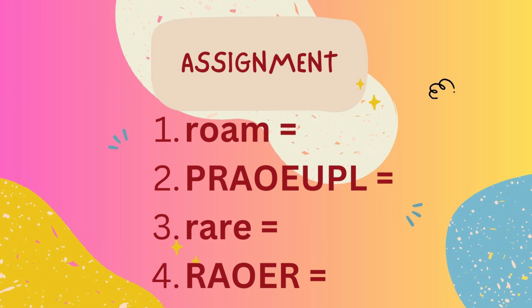And for number 4, it's another outline, and you're going to give me the English word or the translation. Please comment your answers below, and we'll find out the answers for this assignment in the next video, which will be on lesson 19.